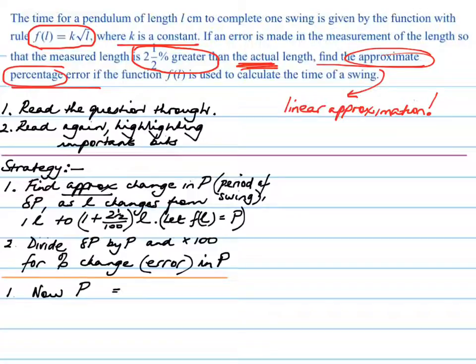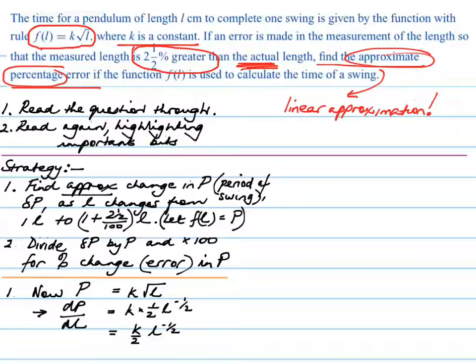Let's go with step 1. Now we know that P is K root L, so what we've got to do is get the gradient function for P as a function of L. And I've got it there for you. Now, we're just going to assume that the pendulum is length L without inventing any more symbols and making life miserable for ourselves. I've just cleaned that up a little bit. So therefore that's dP/dL.